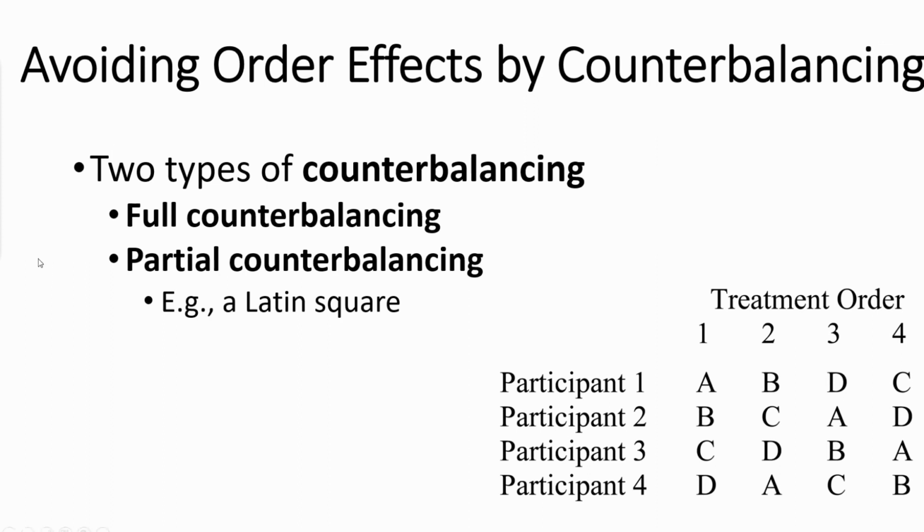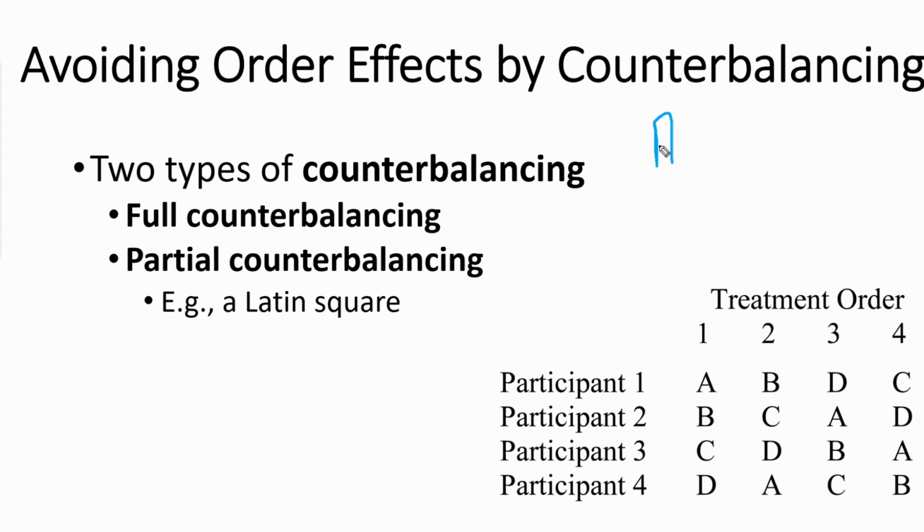There are lots of different ways you can counterbalance. One of the easiest, at least on small scale, is to use full counterbalancing. So if you have two conditions, there are two orders.